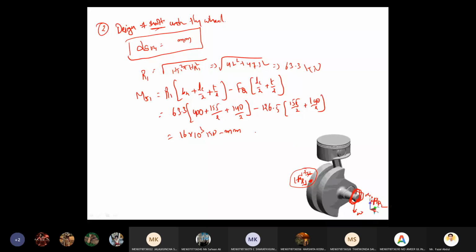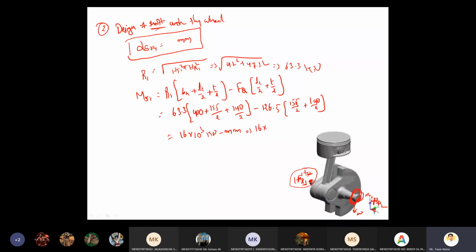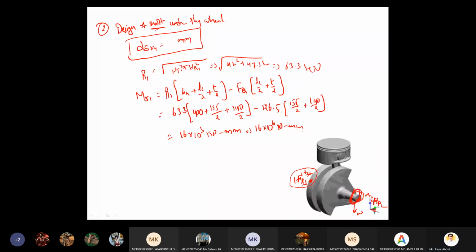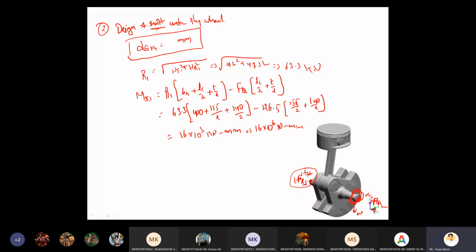So it means 16 into 10 to the power of 6 Newton mm. Okay. And this is the bending moment at the juncture here.